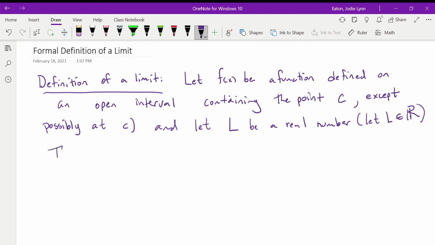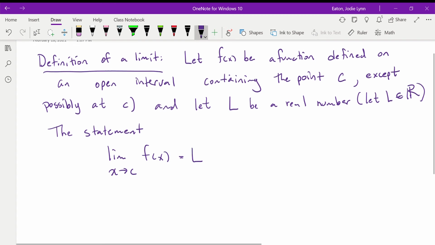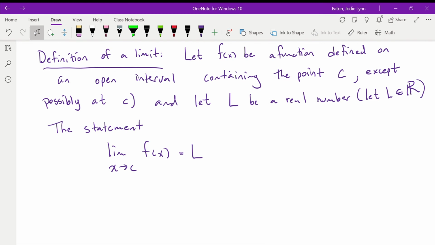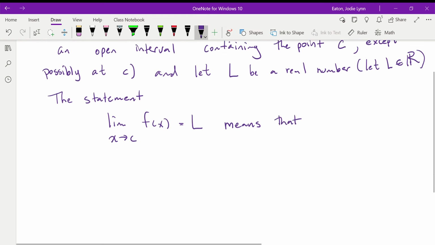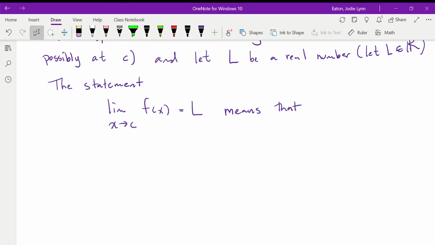The statement the limit as x approaches C of f of x equals L. So we're approaching a point, C is our x value, L is the y value that we are approaching but not necessarily arriving at. So what this means, we are going to write this symbolically, but I will unpack the meaning of each of the symbols.